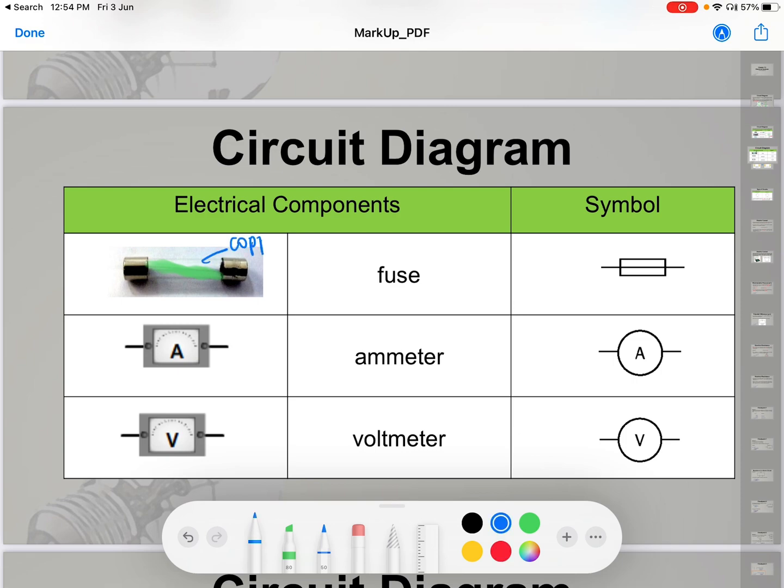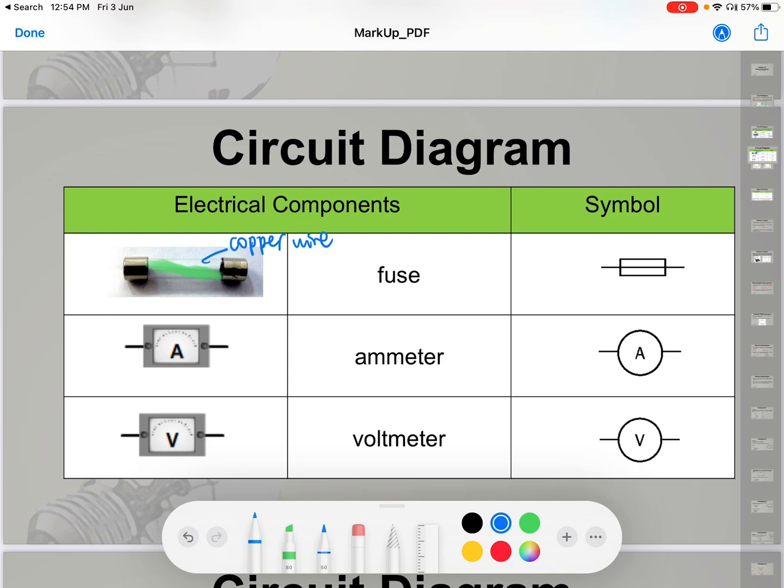Now a thin copper wire like this will melt if, let's say, there's too much current passing through. So when it melts, we say that it fuses, and then the circuit will be open.